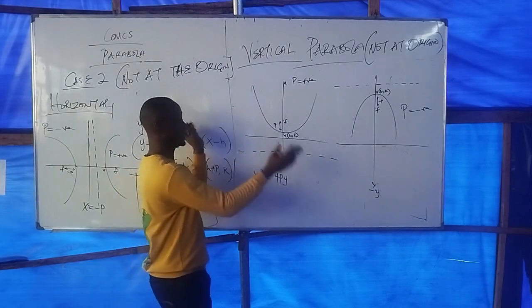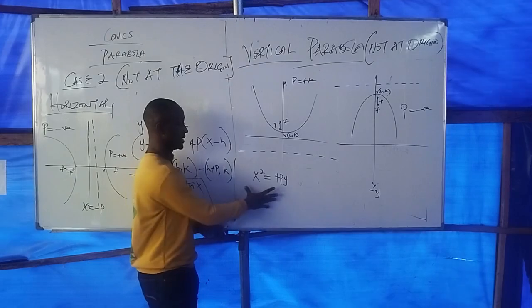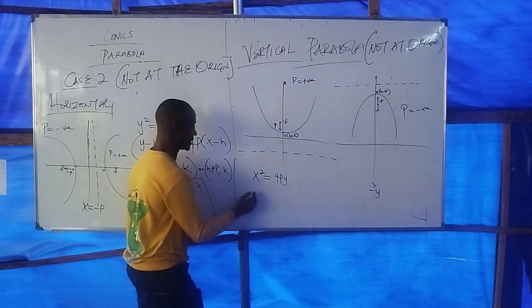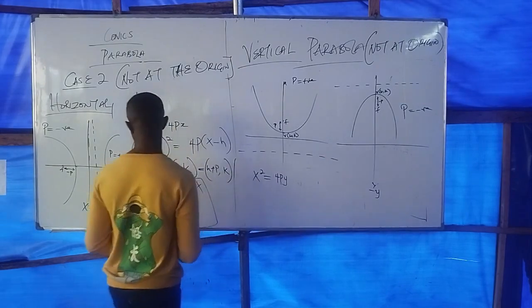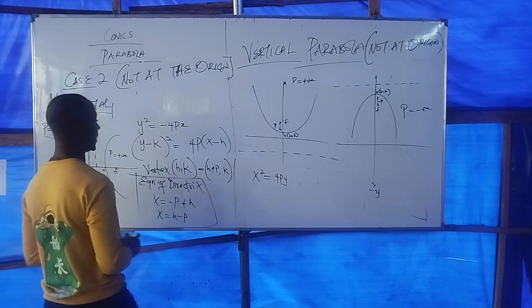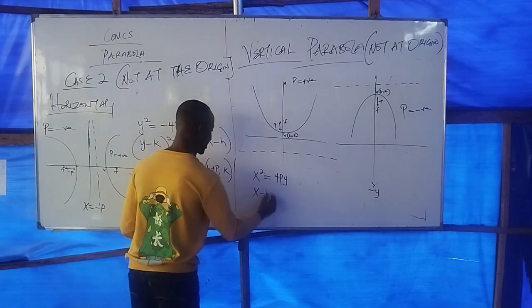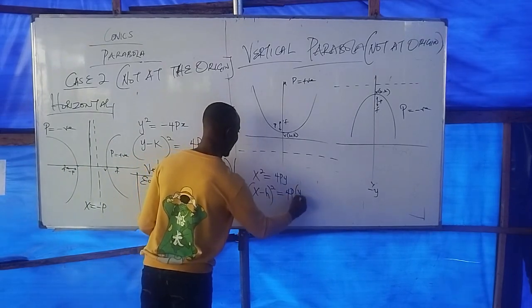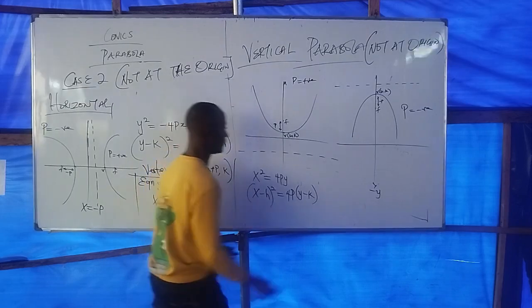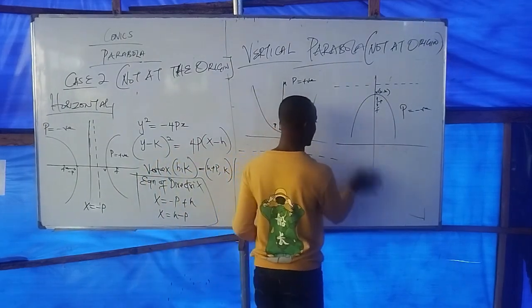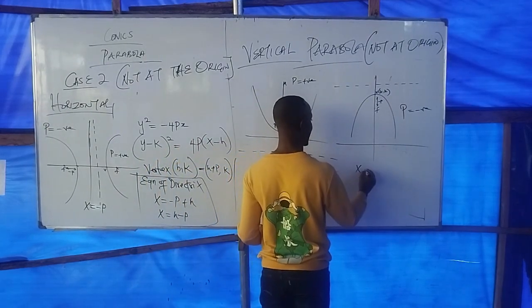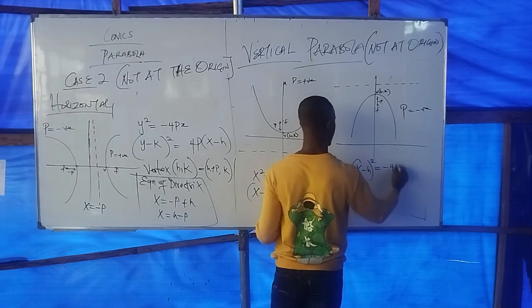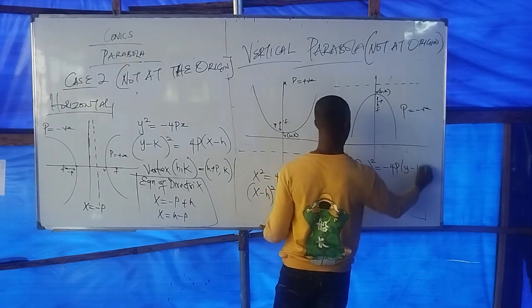In this case, it's at the origin, but for this kind of graph, it's going to be x minus h all squared equals 4p y minus k. And for this one, x minus h all squared equals minus 4p y minus k.